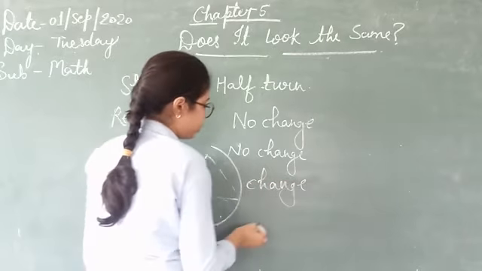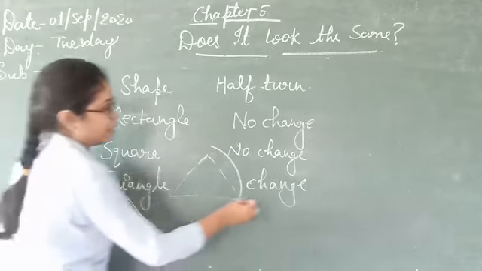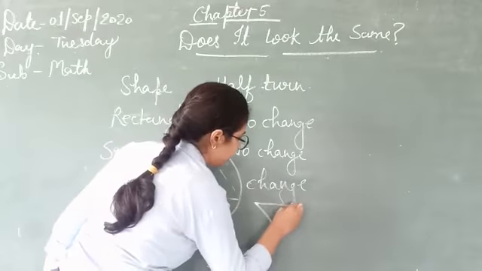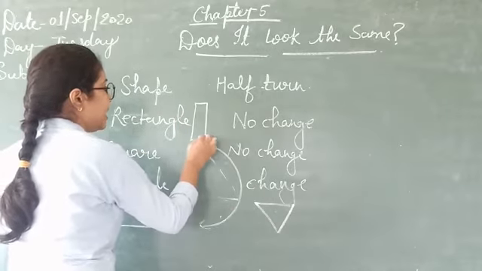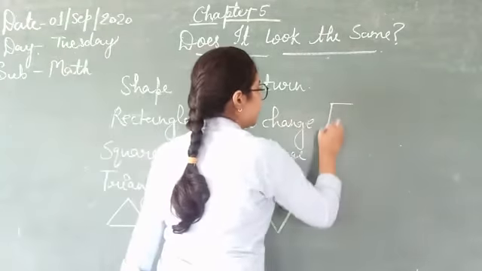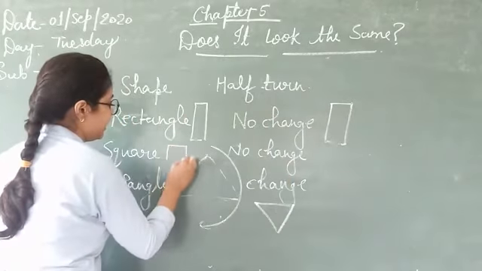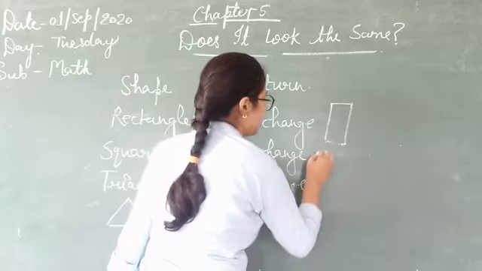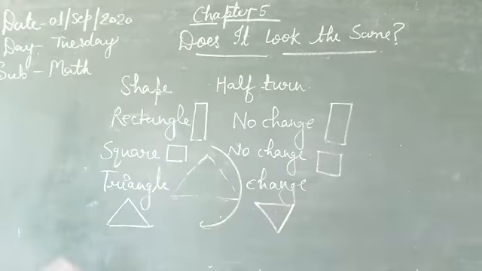The triangle which is like this will become like this. And the rectangle was like this, and after turning it by a half turn it is the same. And the square which was like this is also the same.